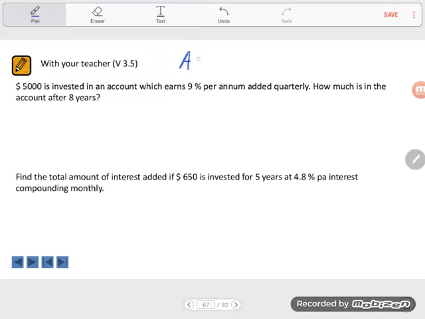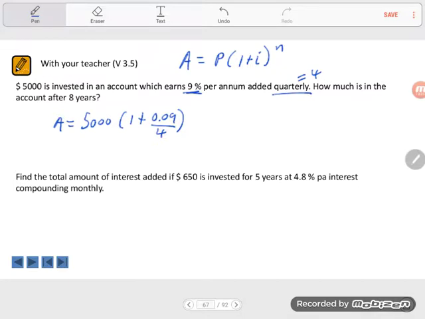So remember our equation, A equals P times 1 plus I to the power of N. So we want to find this amount. Our principal is $5,000 times 1 plus, okay, 9% is 0.09, and we divide that by, because this is quarterly, we divide by 4. And then our N value, okay, this is for 8 years, quarterly, so 8 by 4, which gives 32. So we raise this to a power of 32.